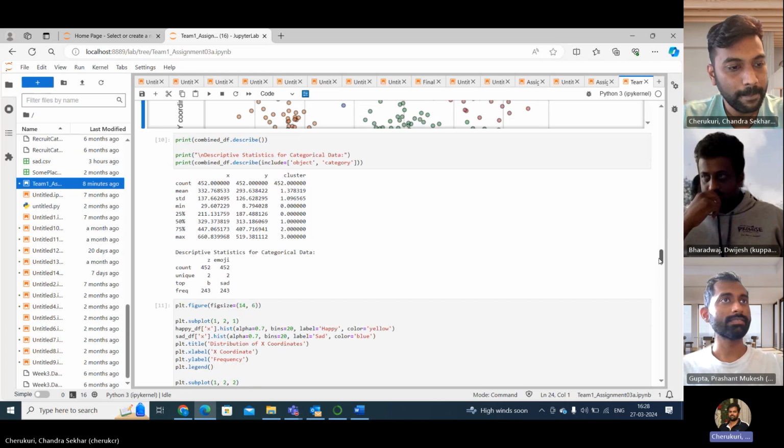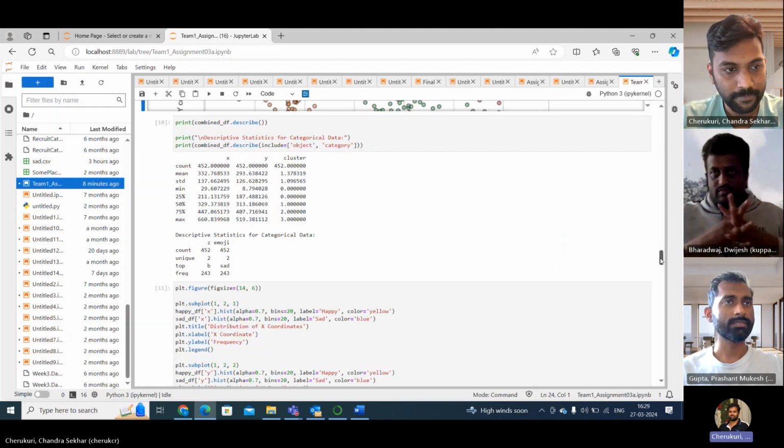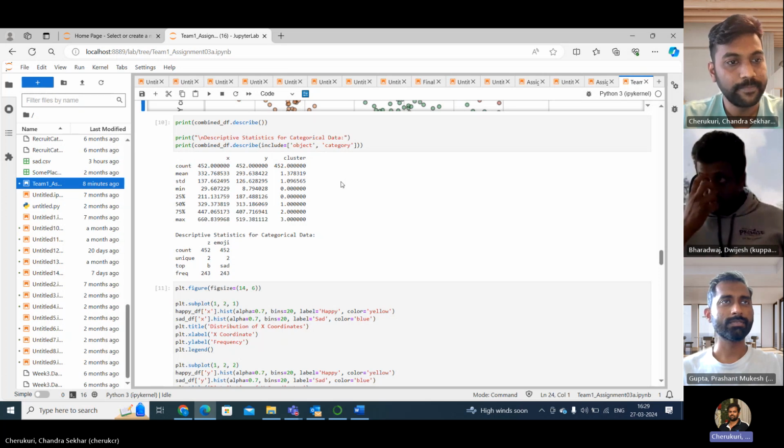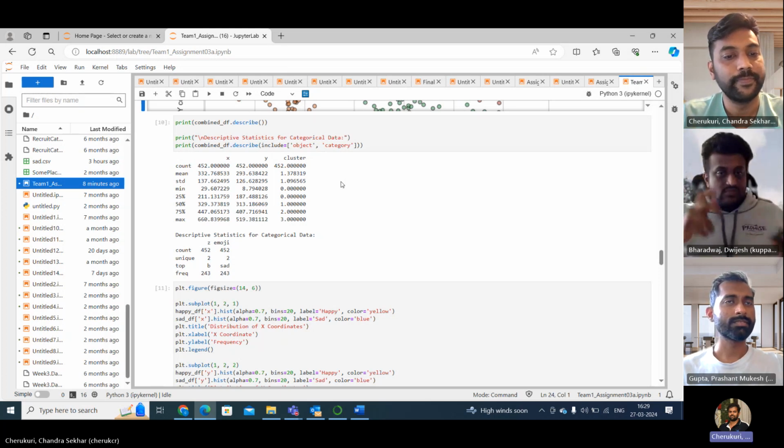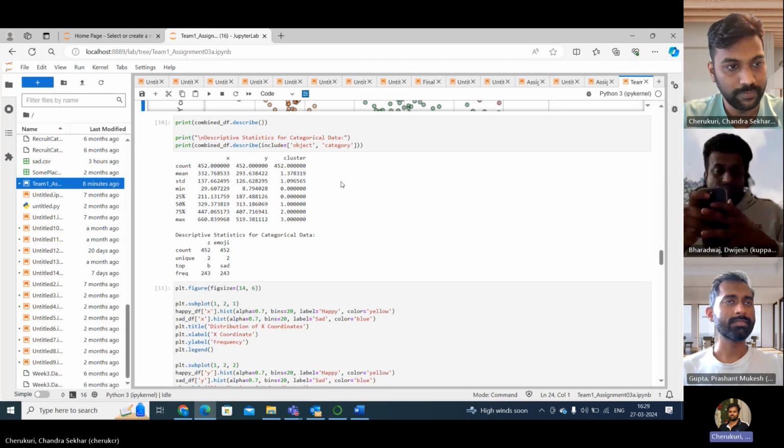Now we'll go to descriptive statistics. To understand the basic properties of our dataset, we looked at descriptive statistics. This includes measures like mean, median, mode, and standard deviation for our x and y coordinates. Descriptive statistics provide a quick summary of data central tendency and variability.